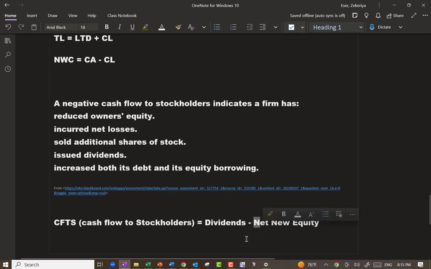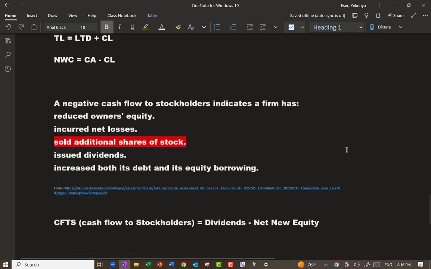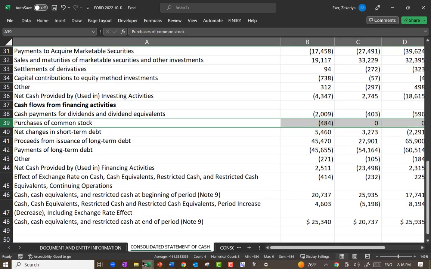So if cash flow to stockholders is negative, you must have had positive net new equity, because dividends cannot be negative. That's the only way. Right. Not that.